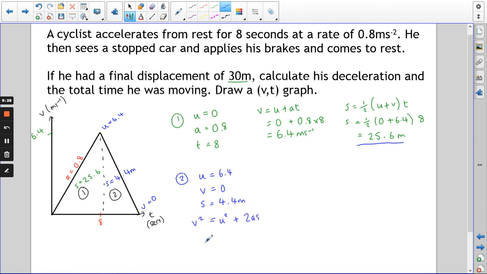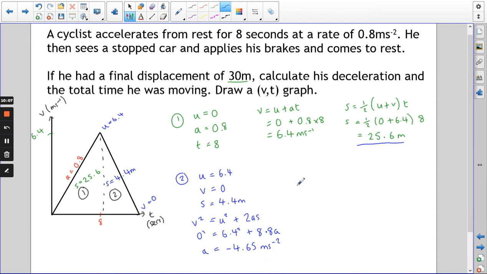Okay, putting our numbers in, so V is 0, U squared is 6.4 squared, we've got the 2S, we haven't got an A, but 2S would be 8.8, so 8.8 A. To calculate A, you would need to move the 6.4 squared to the other side, divide it by the 8.8, you should be able to get the acceleration is minus 4.65. That is a little bit rounded. 3 significant figures is fine. Okay, so that's a sharp deceleration.